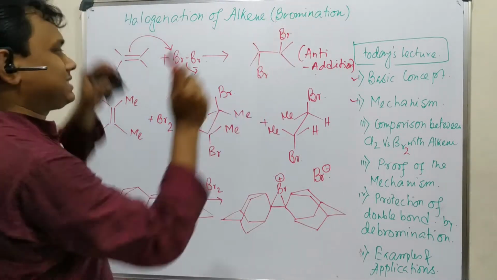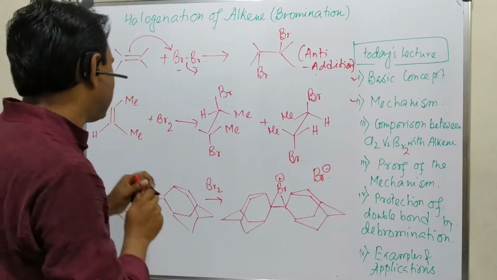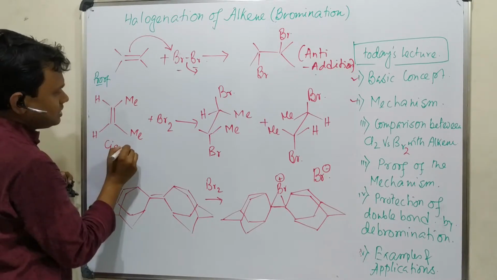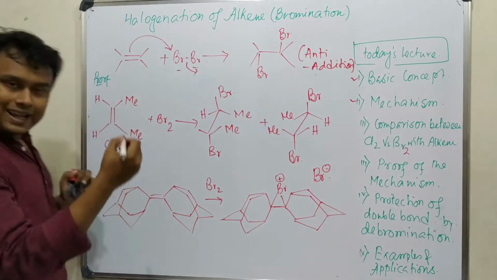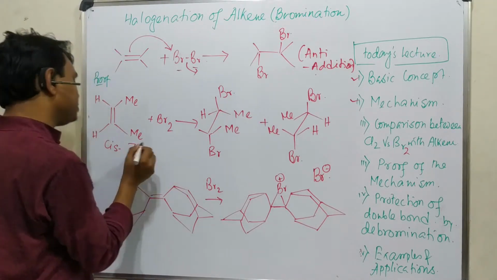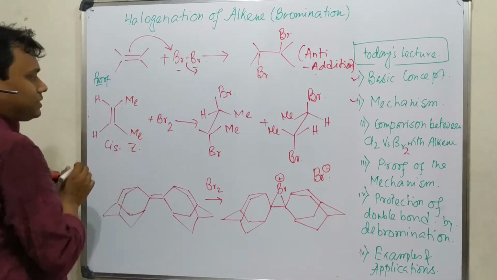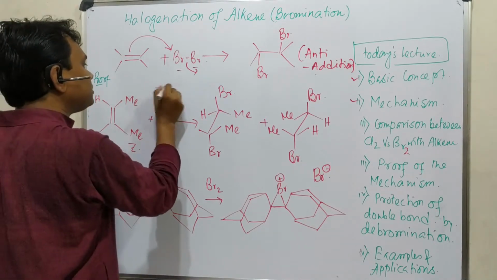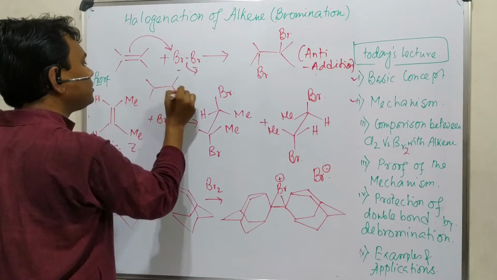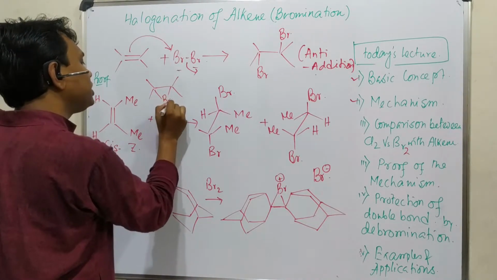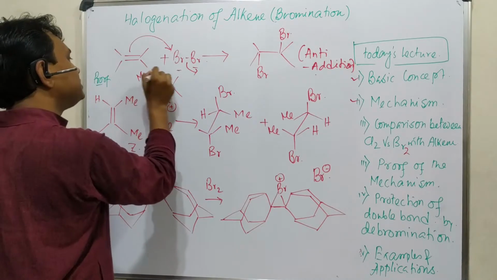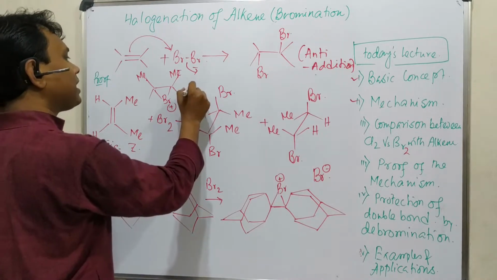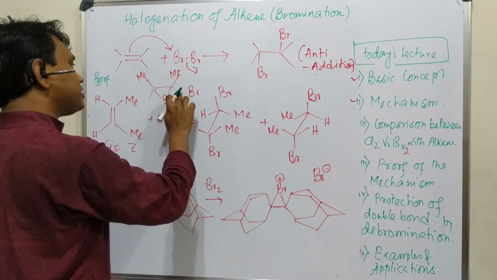Okay, why, as I told, a bridged bromonium ion is formed. So now you can see this is cis butene, or you can say Z butene, whatever you want. It's two nomenclatures. So if it reacts, it will produce a bromonium ion. What do I mean? This double bond with this bromonium ion, this is the methyl, and these are hydrogen.